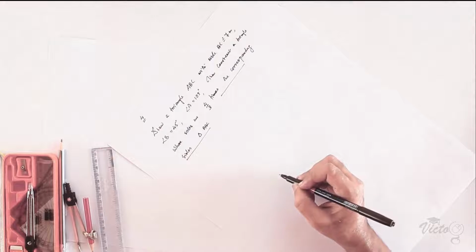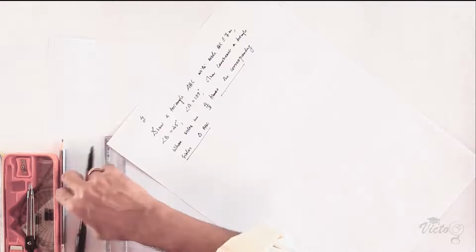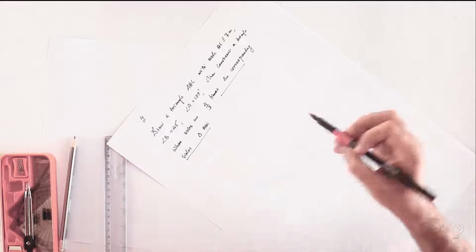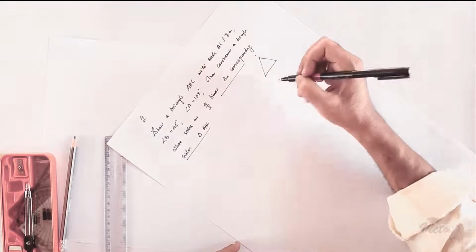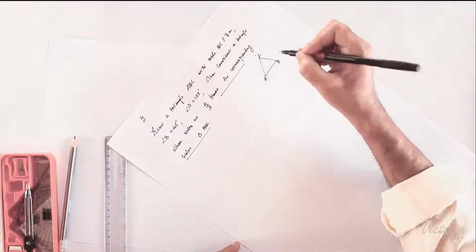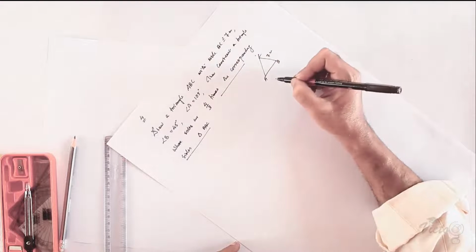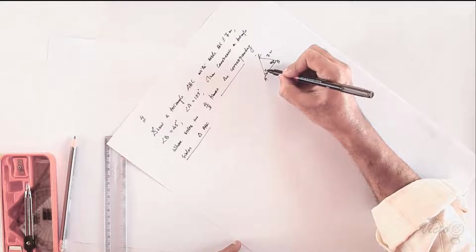Here we are given one side and two angles for construction of the triangle. So draw a rough figure, triangle ABC with BC 7 centimeter, angle B 45 degree, angle A 105 degree.